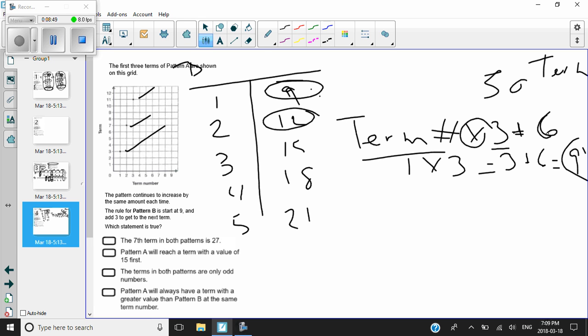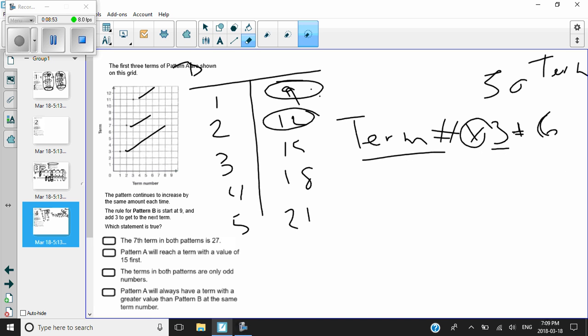So let's try that so you guys can see it. Let's try it. So term number 1 times 3 plus 6 equals, well, 1 times 3 is 3 plus 6, 6, 7, 8, 9 equals 9. So it works for the first one.